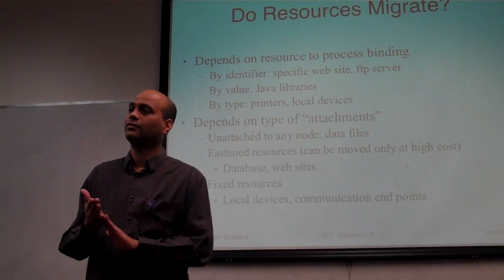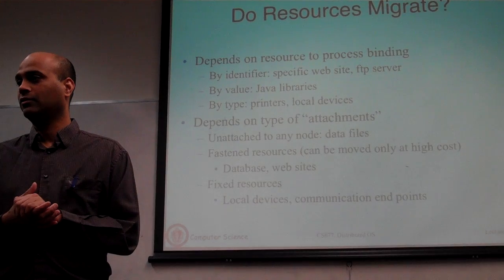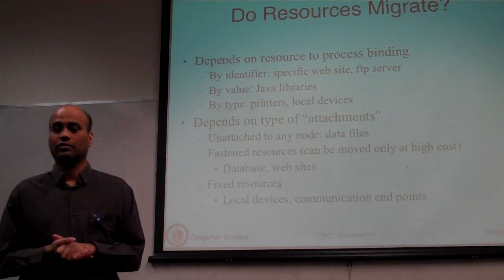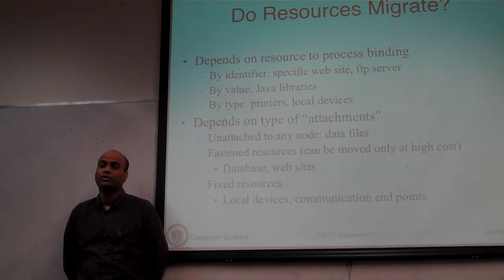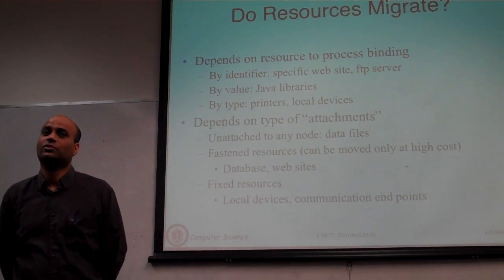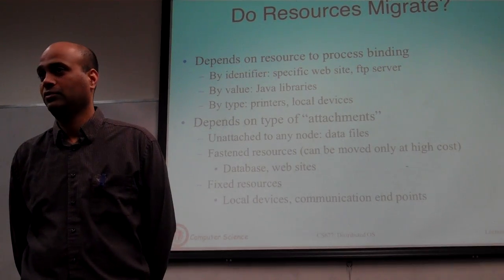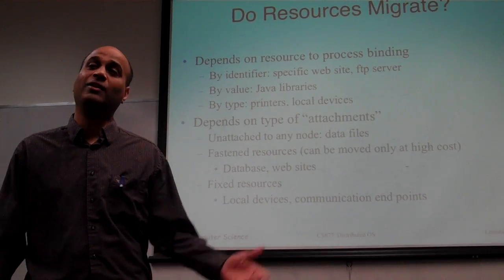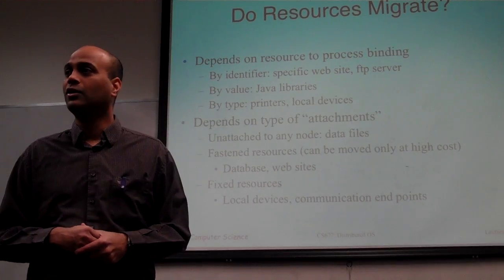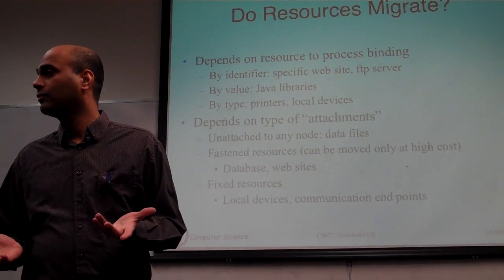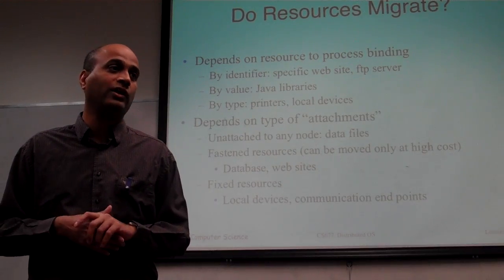And of course, you can also do nothing. Just assume that the resources will still be available at the other point. So you're not really doing nothing, but you are assuming that you can still access the resource from the other machine. You provide remote access to the resource. The resource may not move, the file may still stay on the machine, but if there's a way to access that file over the network, problem solved. You still get access to it, it's just that now requests traverse a network in order to get access to it.